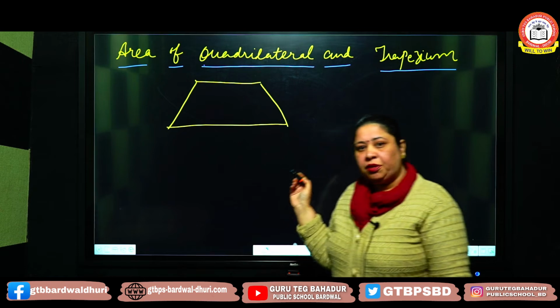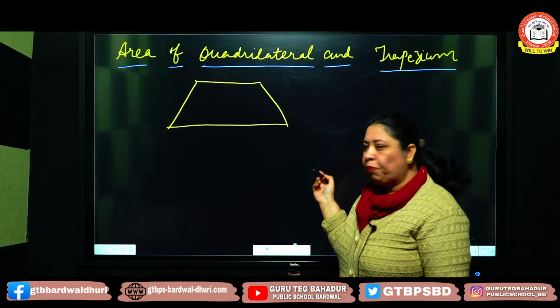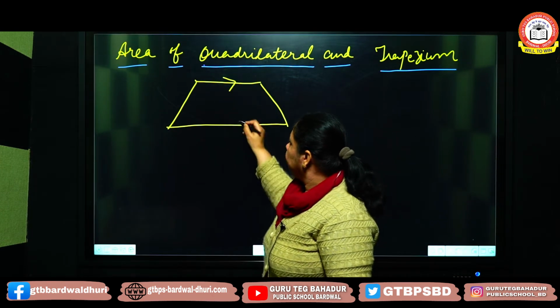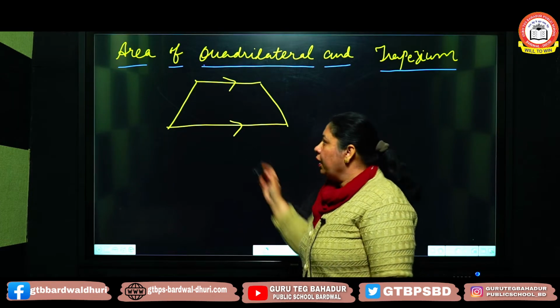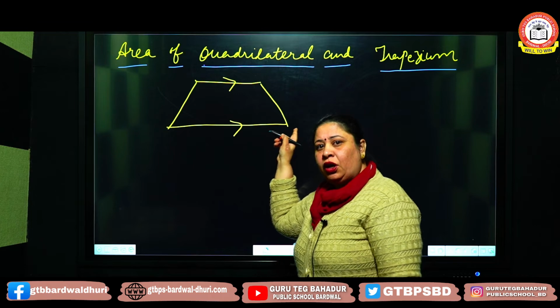A trapezium is also a four-sided figure, but the property is that it has one pair of opposite sides parallel and one pair of opposite sides non-parallel.